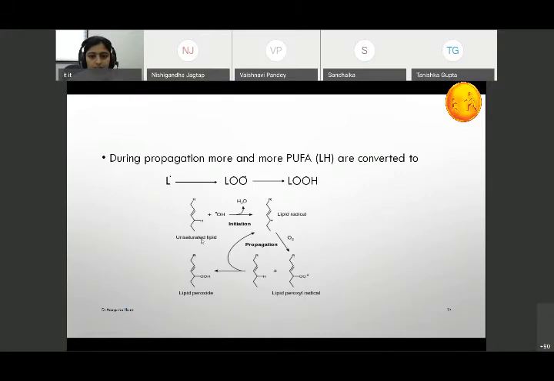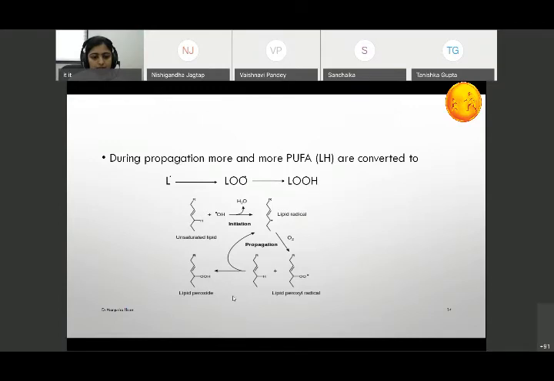Here you can see during propagation more and more polyunsaturated fatty acids are converted: first the PUFA radical is formed, then the lipid peroxide radical, then PUFA, and then the hydroperoxide is formed. In the initiation phase, only one radical is formed, and from that the chain propagates.